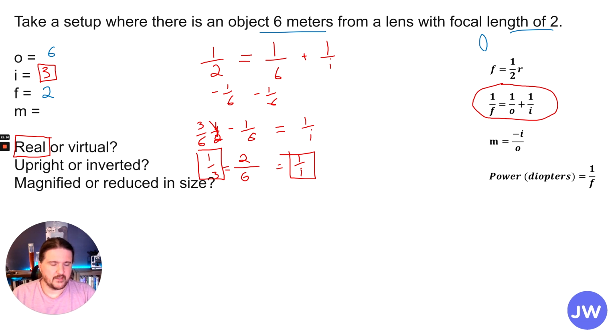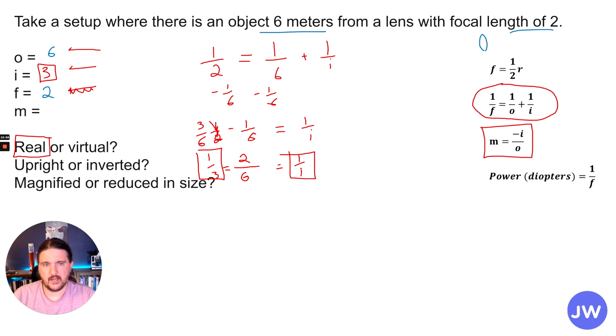Now, for the rest of this, we need the magnification, right? Because the magnification will tell us, one, what the magnification is, but two, also whether it is upright or inverted, magnified or reduced in size. And so we need to calculate that. That's actually not a big challenge, right? Remember that magnification is equal to minus i over o. We have our i. We have our o. Nope, that's my focal length.